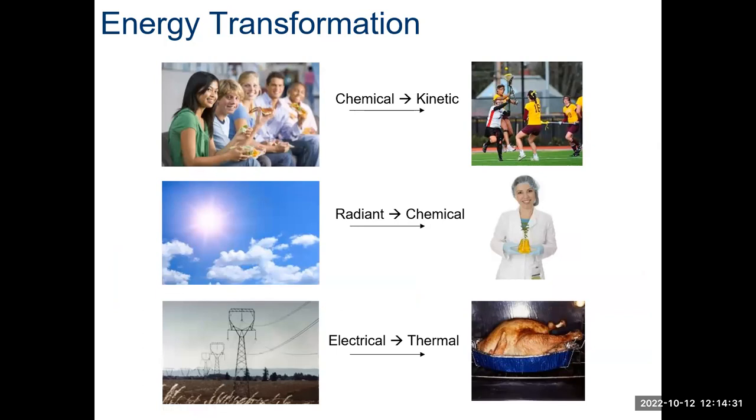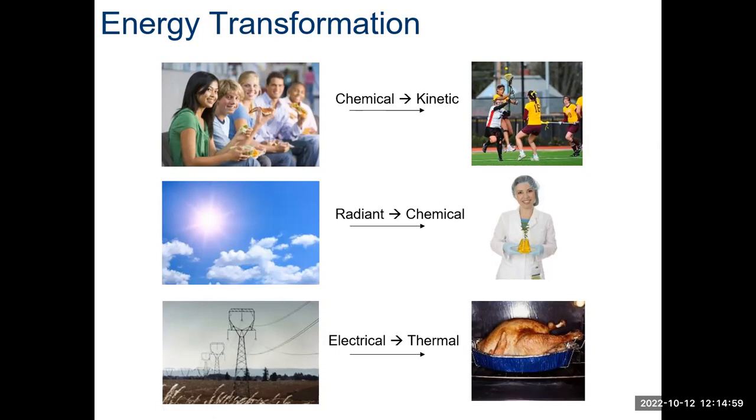Let's look at some examples. Take a look at the people eating, right? We're eating some food, and we consume it so it can be converted into motion, such as sports or taking a test. Very important, especially to eat healthy. Eat a balanced meal before an athletic contest or an exam, so you can be at your best.